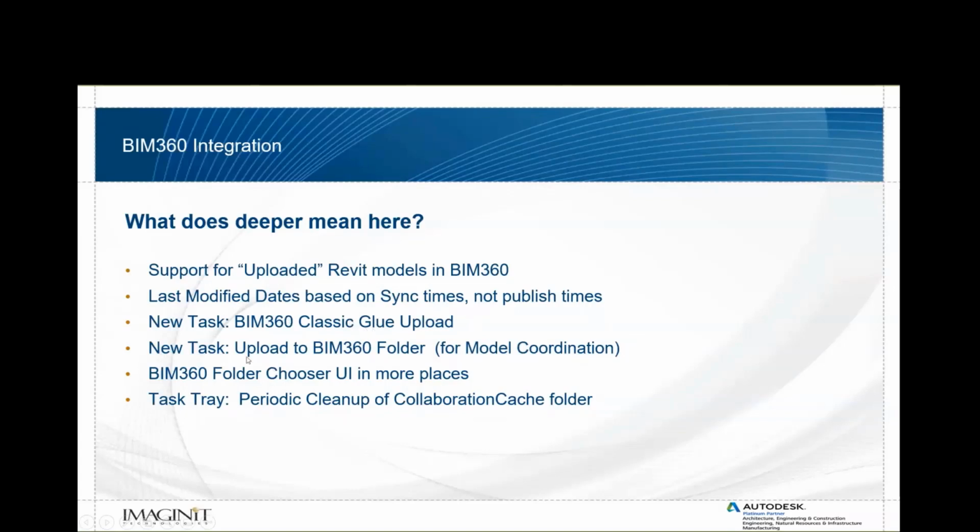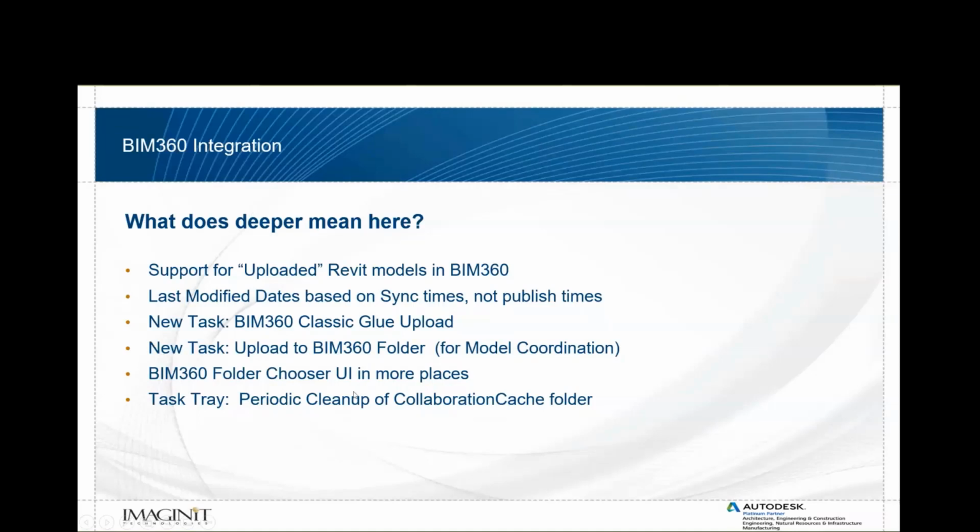We also want to support people who are trying out the new BIM 360 model coordination concept, and in that situation inside of BIM 360 you define model coordination folders, and any file that you push into that folder will automatically have interference checking, clash detection run on it inside of model coordination.